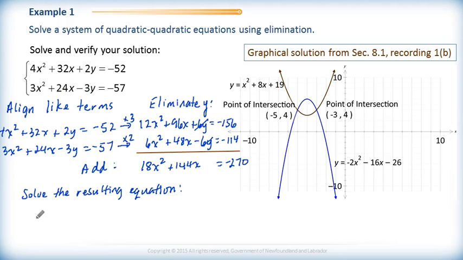I can bring that 270 across the equal sign. I've got 18x squared plus 144x plus 270 equals 0. I can take out a common factor like I did in the last example. I've got 18 outside of x squared plus 8x plus 15 equals 0.